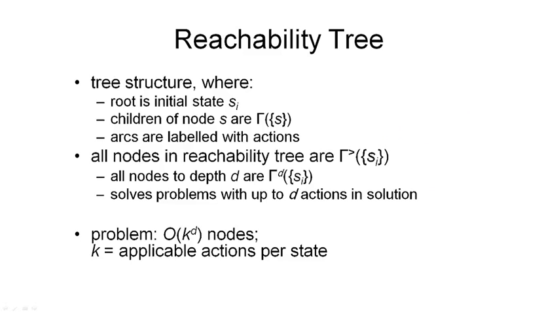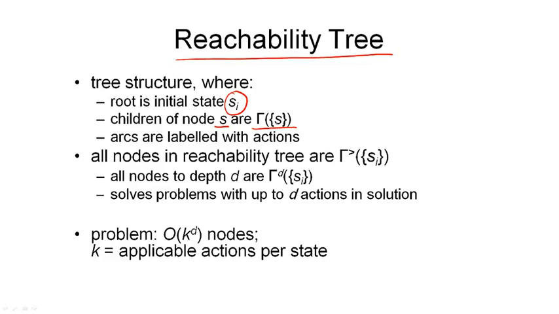Of course, what we have done in our forward tree search algorithm is constructed effectively a reachability tree. In this tree, our root node was the initial state Si that was given as part of the problem. And for each node S, we had the children of a node S be gamma of S. So that's the immediate successors of that state S in this set here.